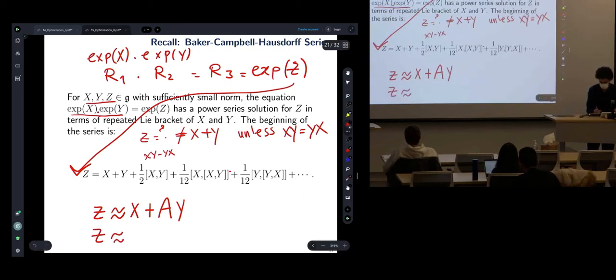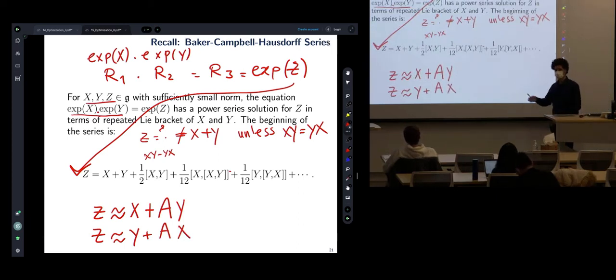Or you could talk about Y plus some matrix times X. In general, is this possible?